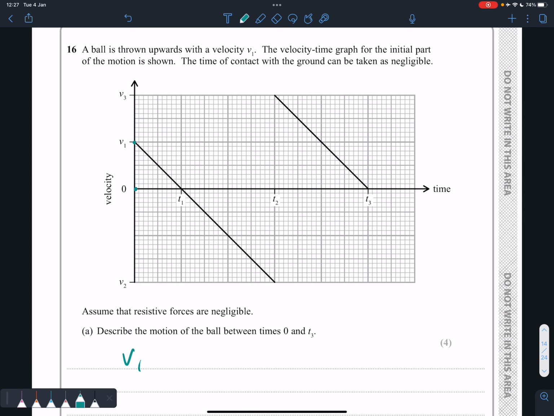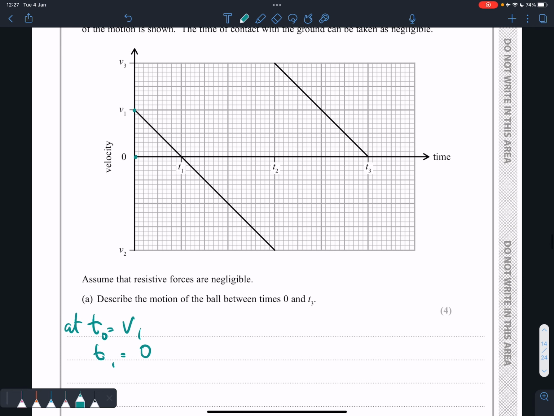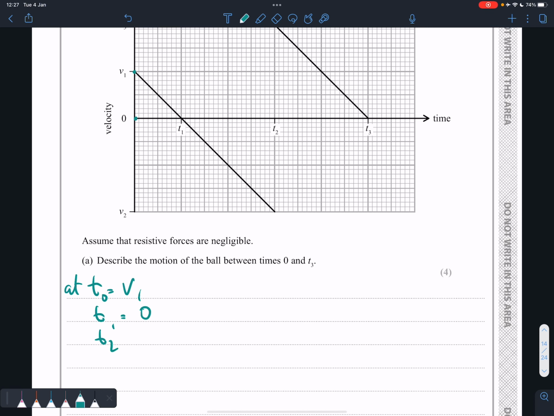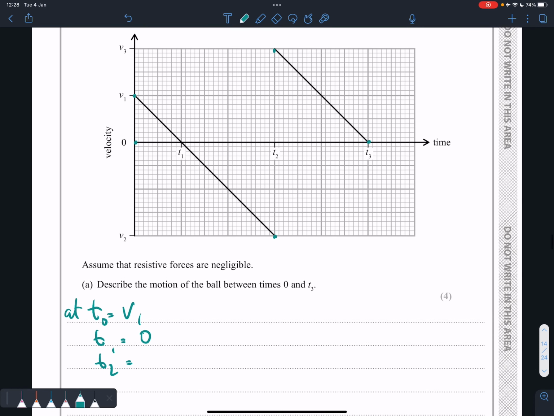So at t0, it's got v1 velocity. At t1, what velocity has it got? It's got 0 velocity. At t2, so you carry on going and just work out what's going on here, and then you should be able to use that to describe what must be happening.